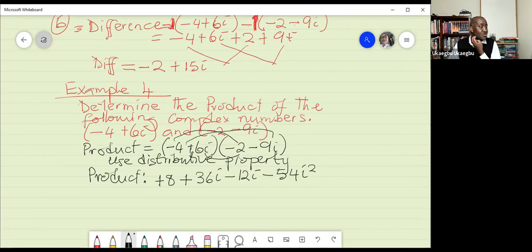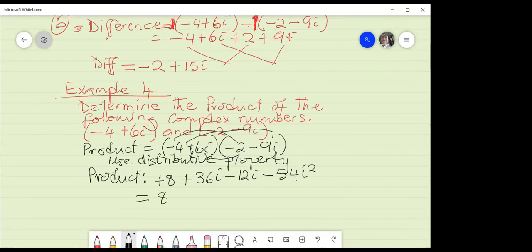So i squared has its own definition, but let's collect like terms first. This 8 is by itself, so you just write 8. 36i minus 12i is what? So 24i. Is it positive or negative? Positive. Plus 24i.